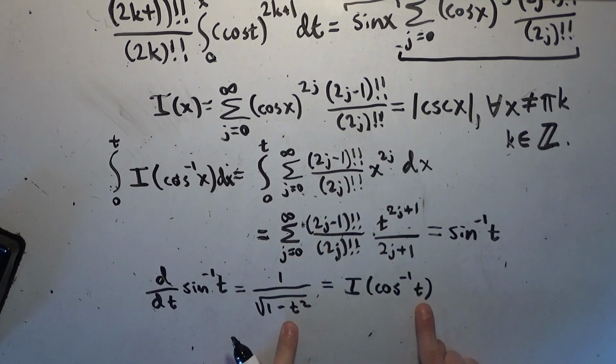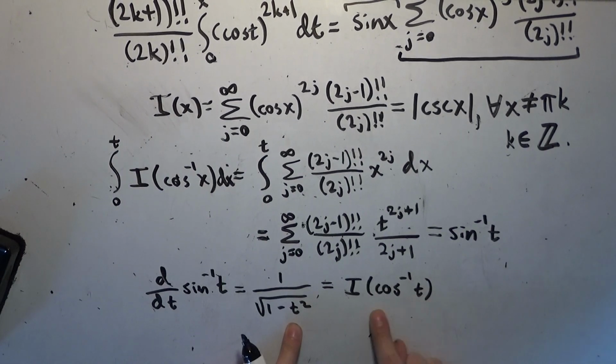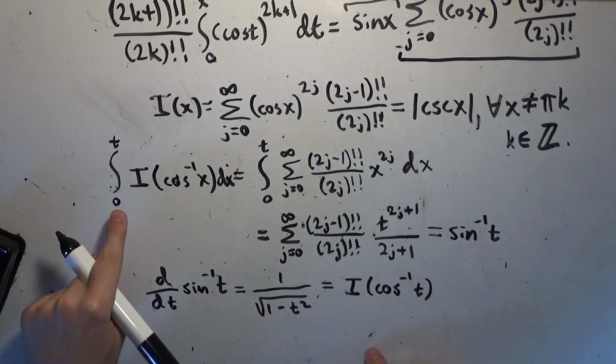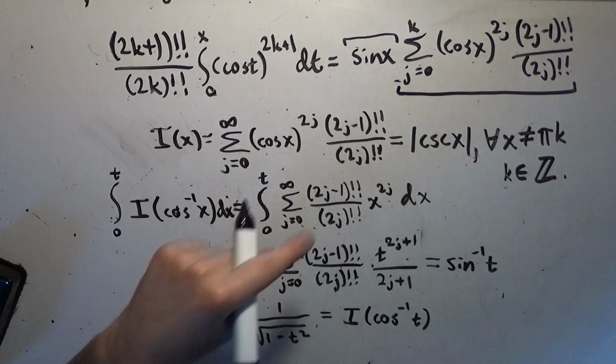But all we have to do now is plug cosine of t back into this, right? Because we just want this to be x in here, because we want to know what I of x is, this sum-looking thing that we derived.